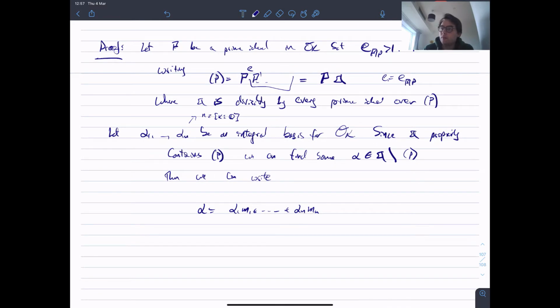So I write my alpha in terms of my integral basis, where, because it's an integral basis, these mi's are going to be in Z. Since alpha is not in the ideal generated by p, then not all of the mi are divisible by p, because otherwise it would be in the ideal generated by p.